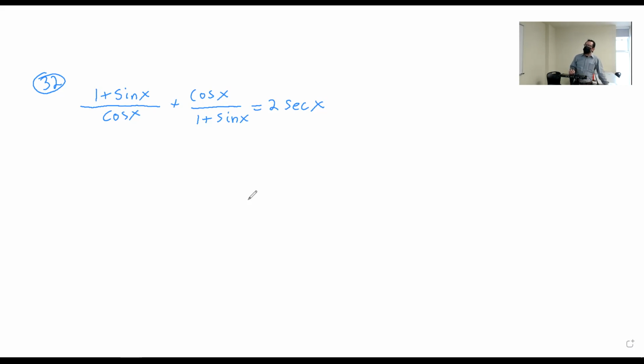What I'm going to do here is join these two, and that can also help us practice our common denominator. When we're talking about a common denominator, we've got 2 fractions here. The common denominator is going to be the product of the 2 denominators in this case.